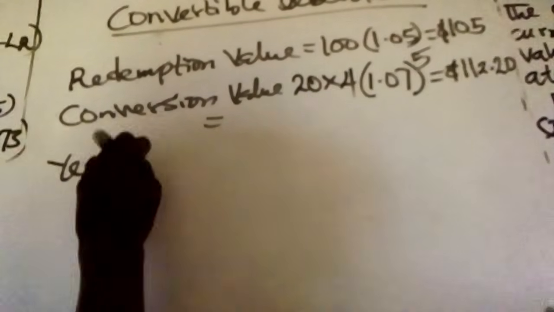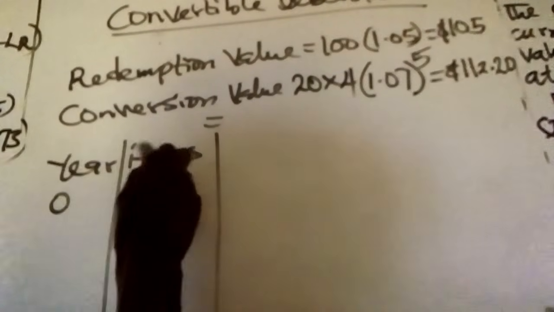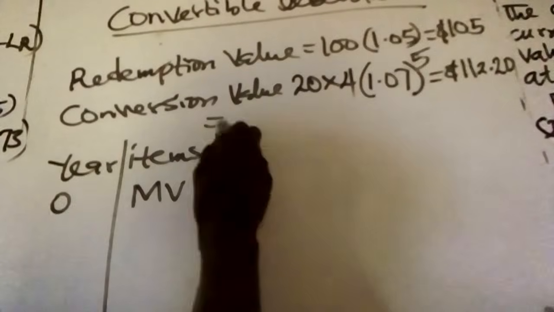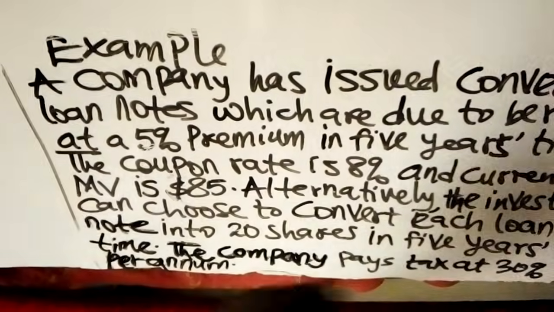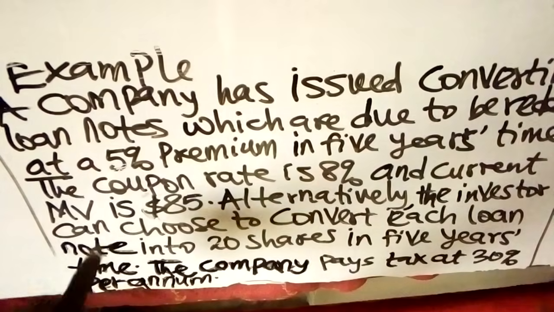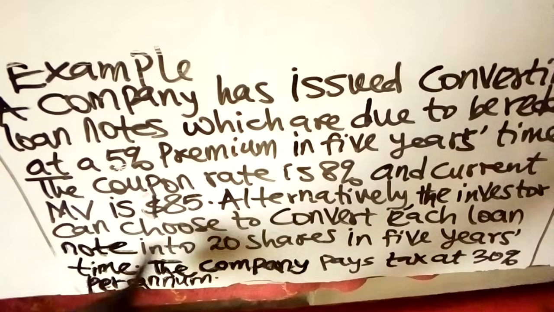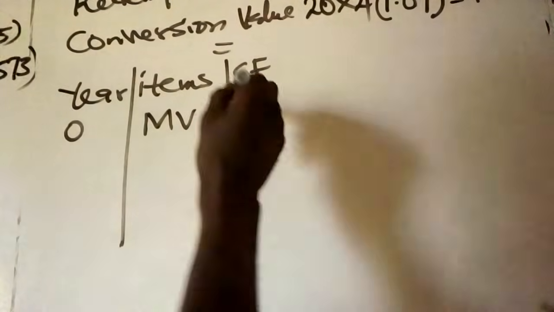Year 0, you have the market value of $85. So we are going to have $85 outflow in year 0.